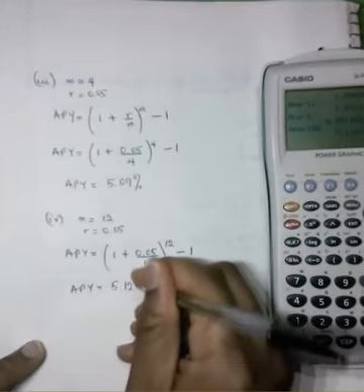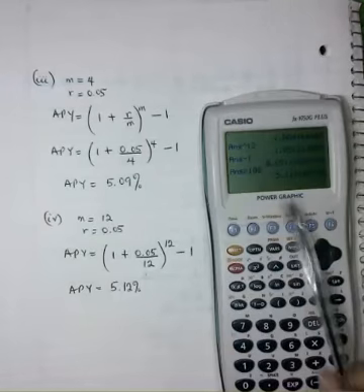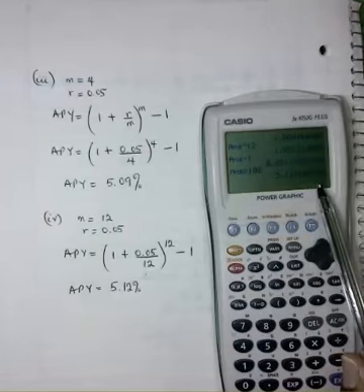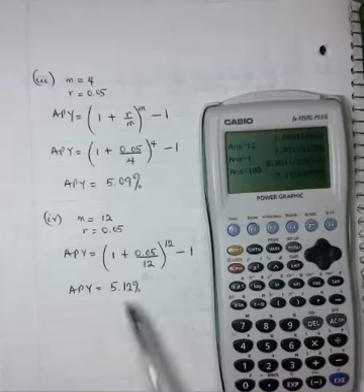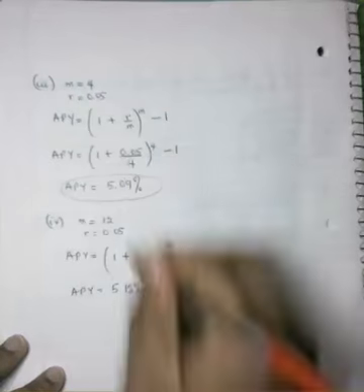It's actually 5.116189, but if you round it up to 2 decimal places, like we said in the video, it's going to be 5.12%. So let me circle this as the answer.